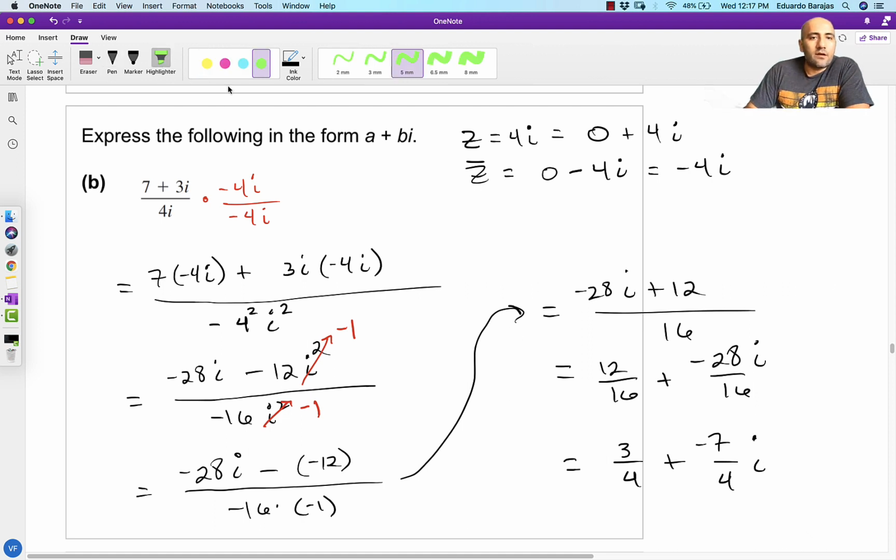So there we go. There's our final answer, where this is the real part and this is the imaginary part of my complex number.